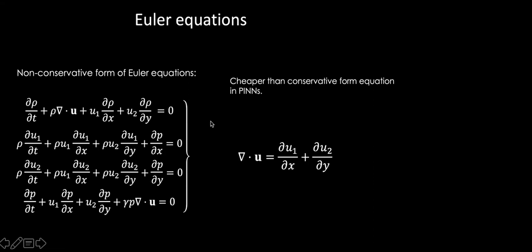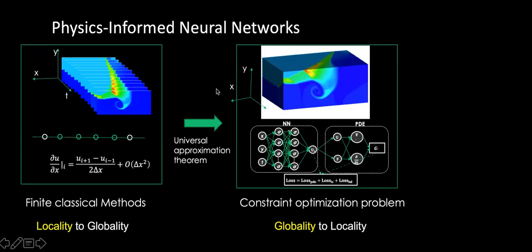Next, I will compare PINNs with traditional methods and talk about my understanding of PINNs in solving compressible flow. Traditional methods such as finite difference and finite volume methods build schemes locally in space and time, so they can be said to go from local to global.